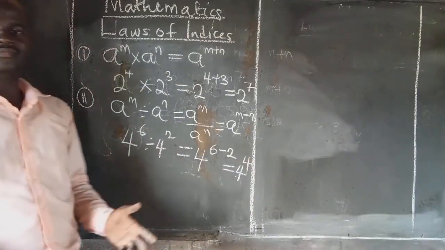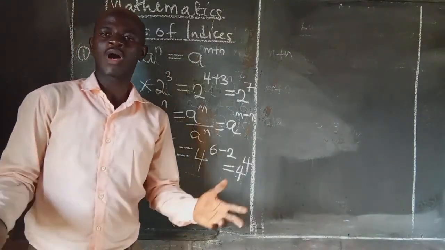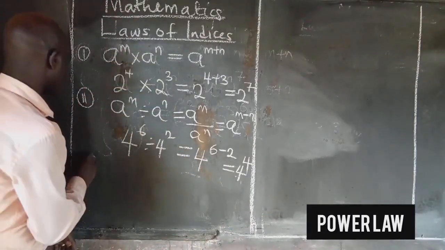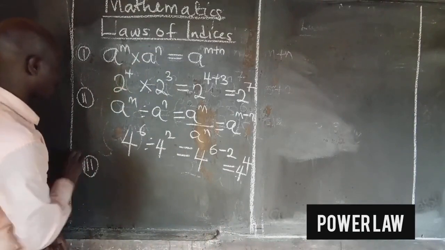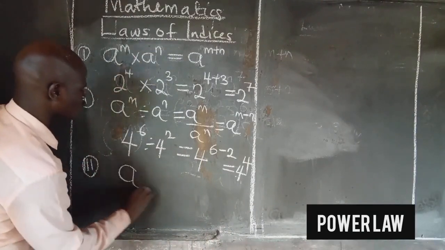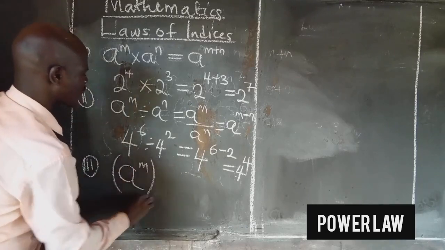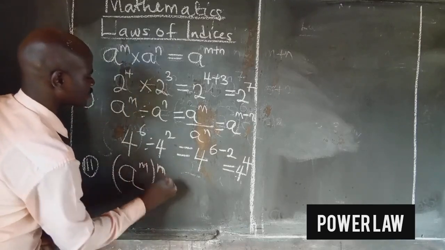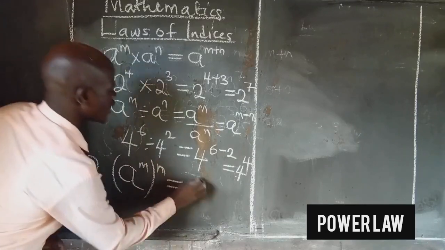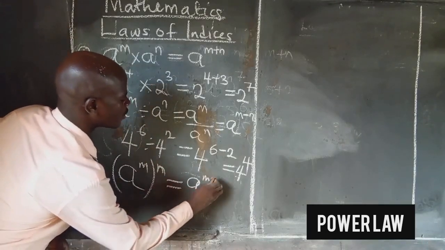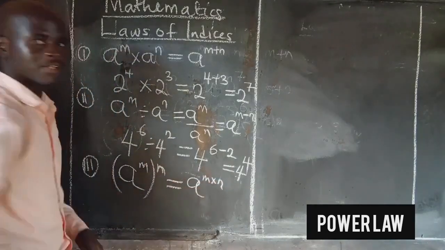Another law is the power law. It states that if we have a raised to power m, in bracket, to the power of n, it will now give us a raised to power m multiplied by n.